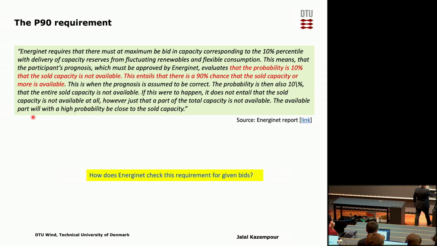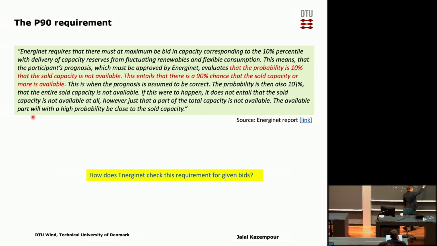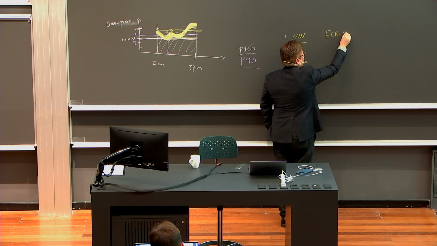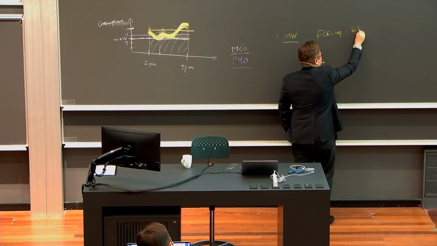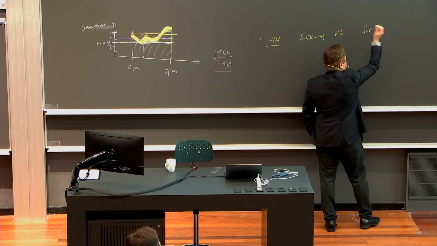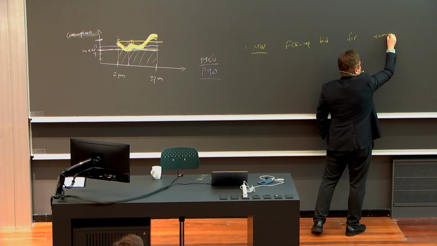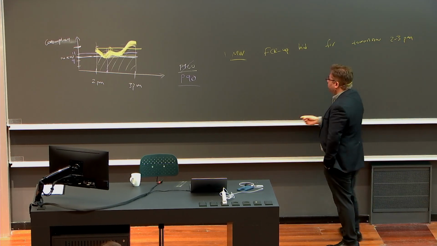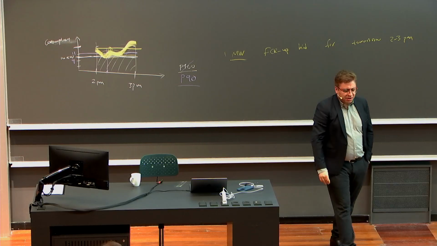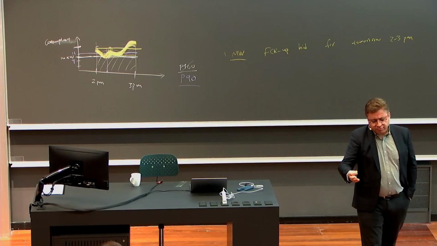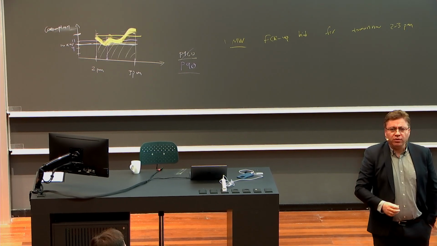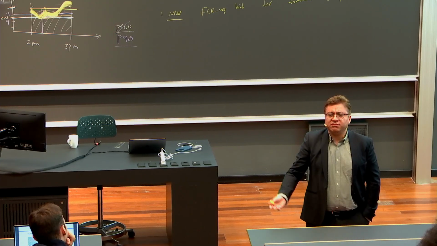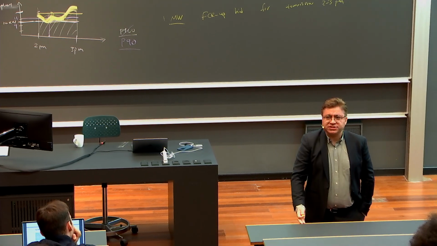Let's say that you submitted a 1 megawatt FCR-D up bid for tomorrow, 2 to 3 p.m. You submitted that. And luckily, let's say that we wait for tomorrow, and then we realize that the system was in a good condition. We never activated the service.